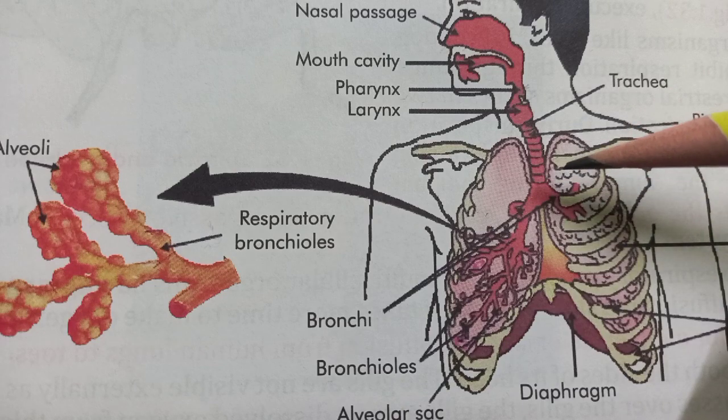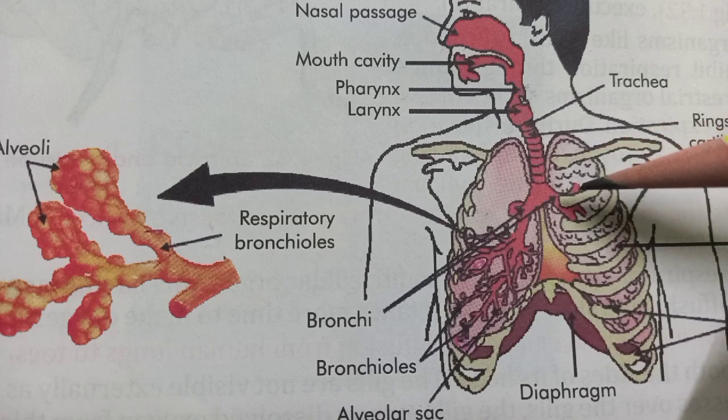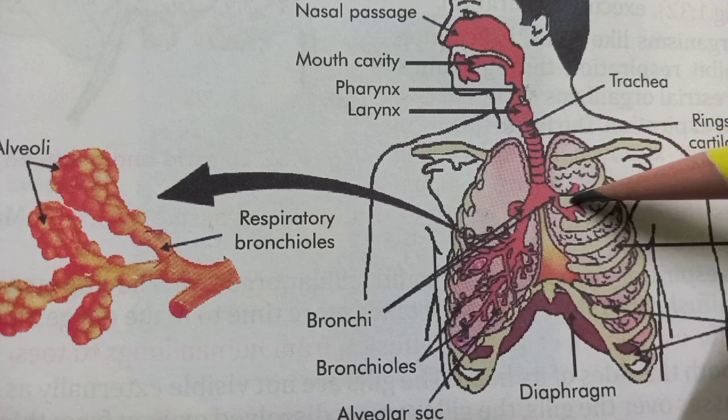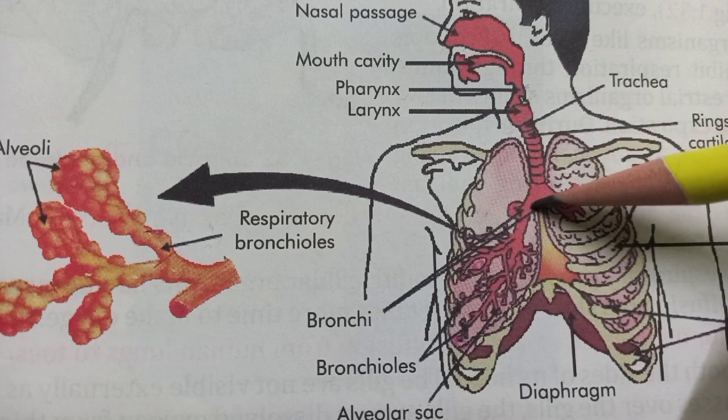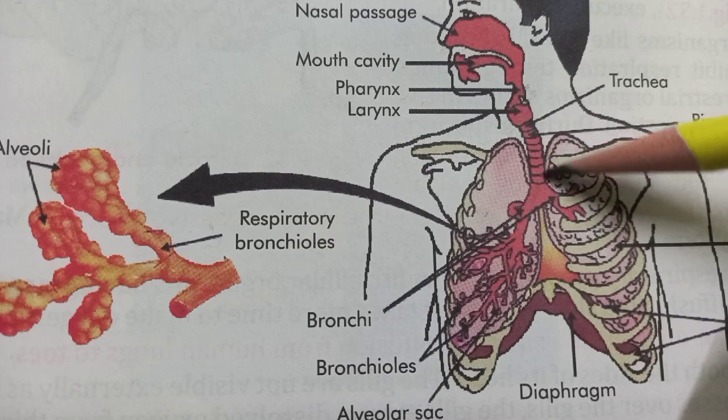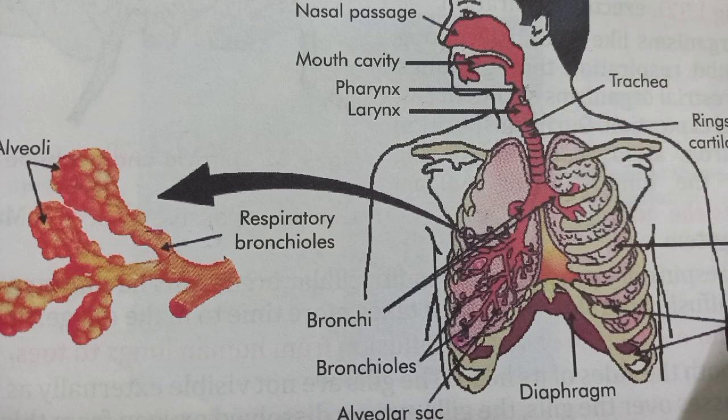Bronchi are also supported by cartilaginous rings, and primary bronchi enter into the lungs. You are seeing in the figure that they are entering into the lungs through a notch, and this notch is called hilum, and from this forms the bronchial tree.